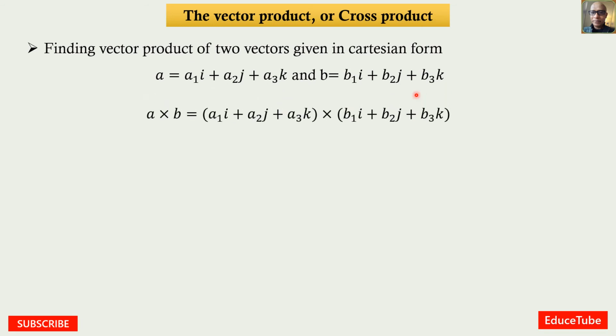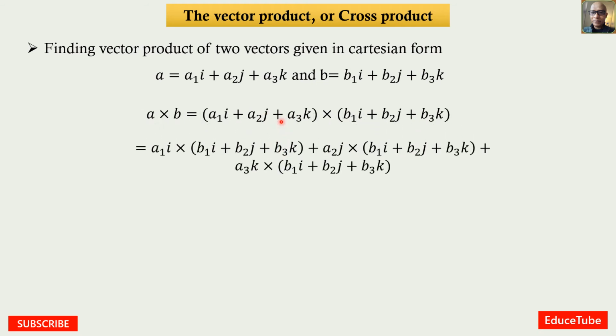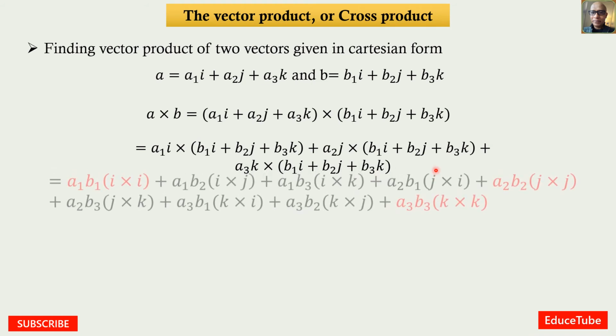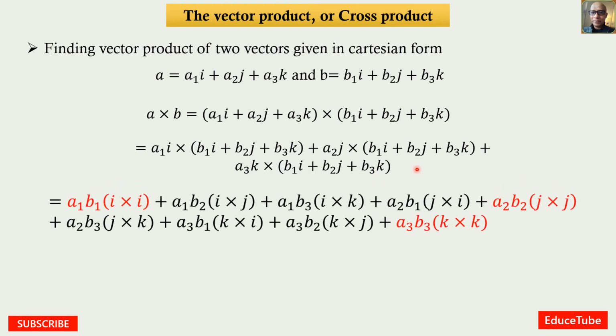In that case, A cross B, we have to multiply A and B. It takes some time, but it is easy because we have to multiply this by this one, by this one, and by this one. So we have written accordingly, and with more simplification, we get it like this.